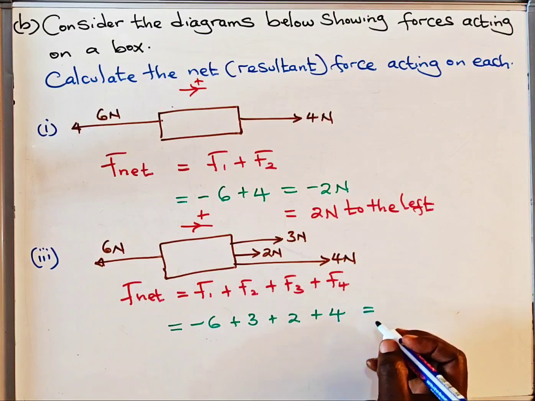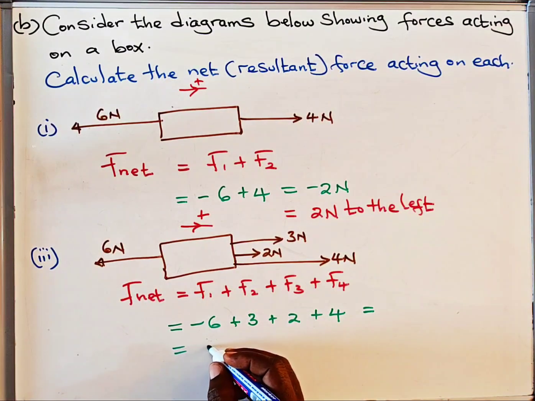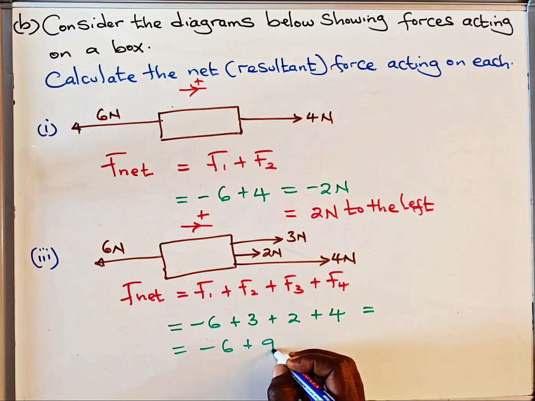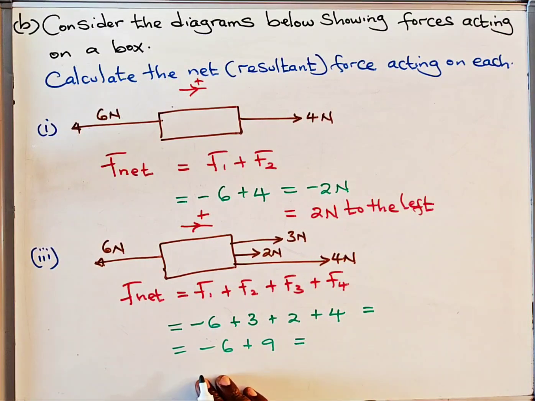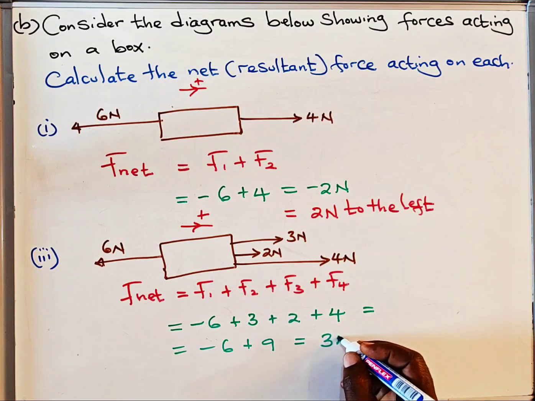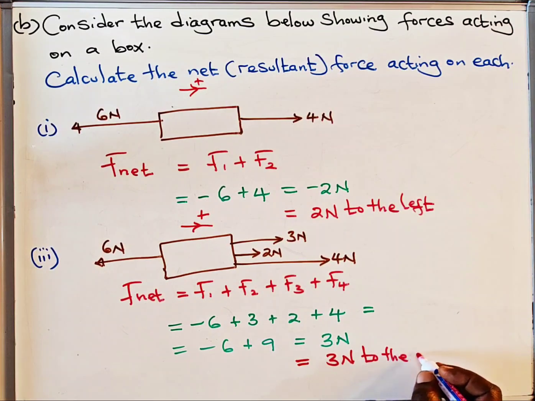What you get is going to be our net force. On simplifying, we have negative 6 plus 9, giving us 3. That's positive 3 newtons. And positive implies to the right. So the answer is 3 newtons to the right.